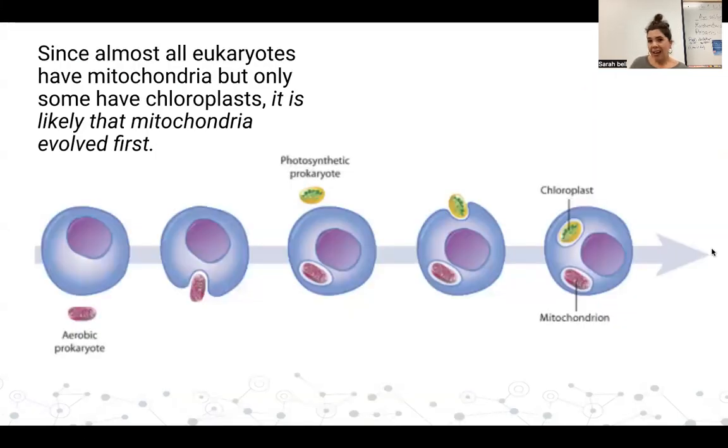And because all eukaryotic cells have mitochondria, we think mitochondria endosymbiosis happened first. And then because only some cells have chloroplasts, we think the evolution of chloroplasts happened second. But the process is very similar, and this is one of the big diverging points between plant cells and animal cells.